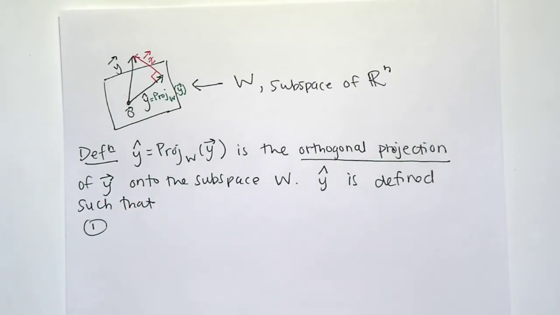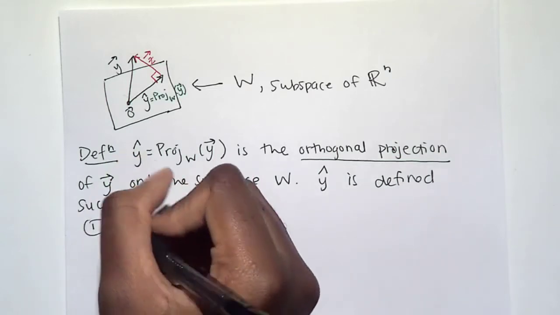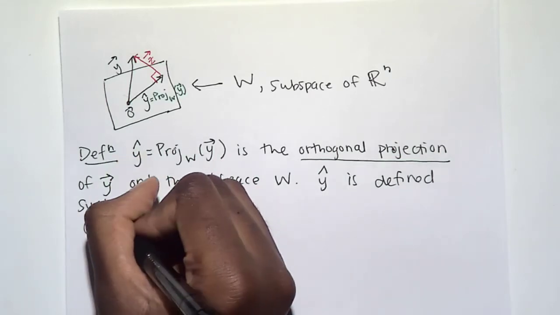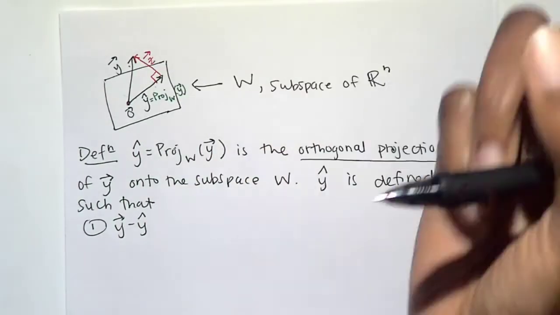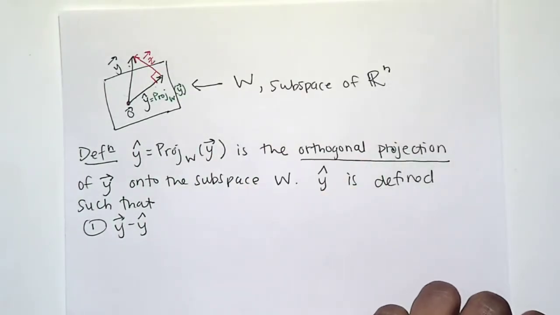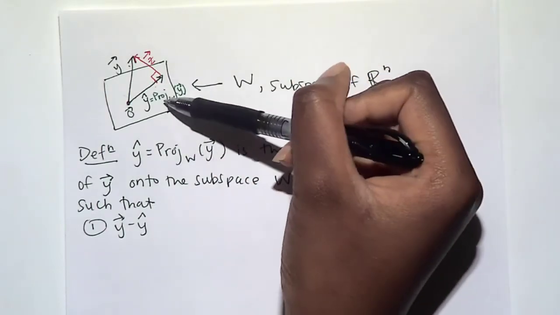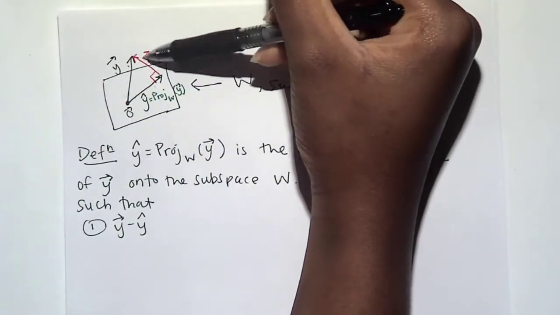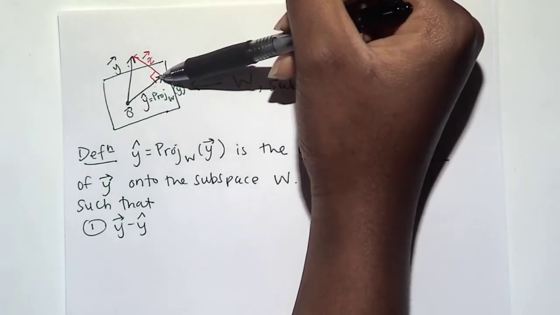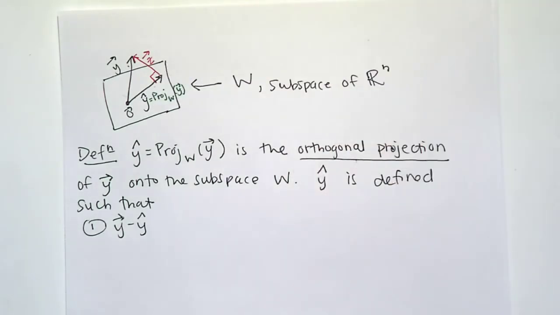Number one, if you subtract our vector y and y hat, you're going to get something that is orthogonal to the whole space. So this z is not just orthogonal to y hat, it's orthogonal to the whole subspace.